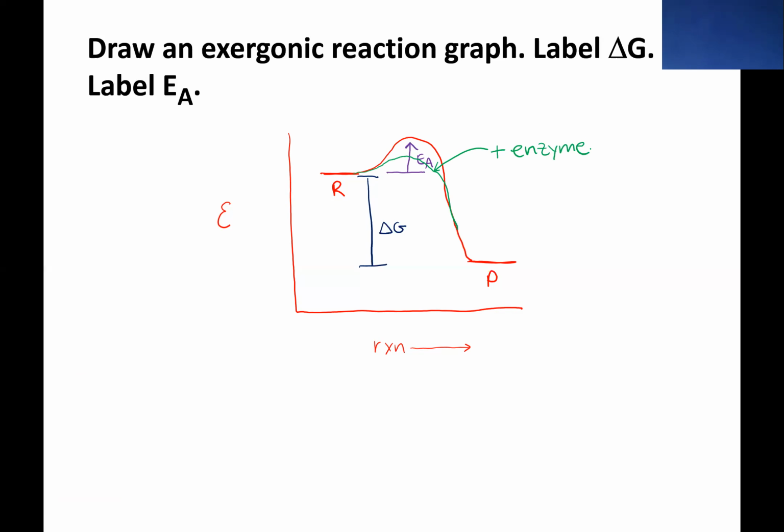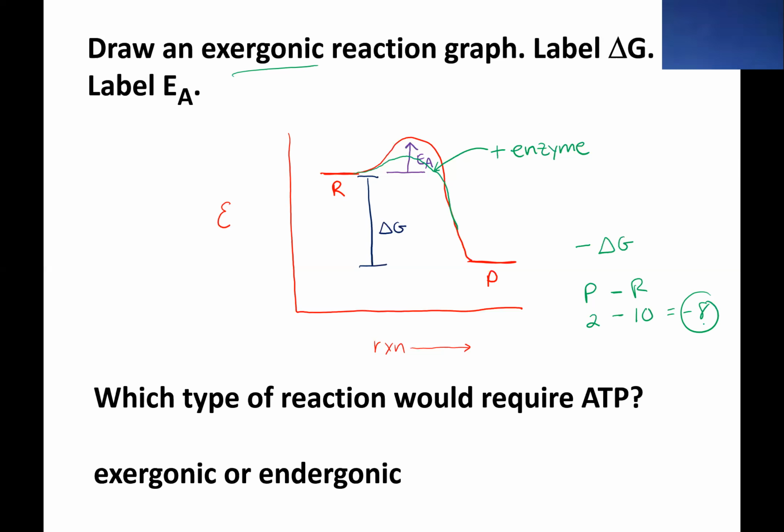Okay. So that's an exergonic, energy releasing reaction, right? It has a negative delta G because the product, say, is a value of 2, and the reactant has to be bigger, say, a value of 10, and that would give you a negative number.